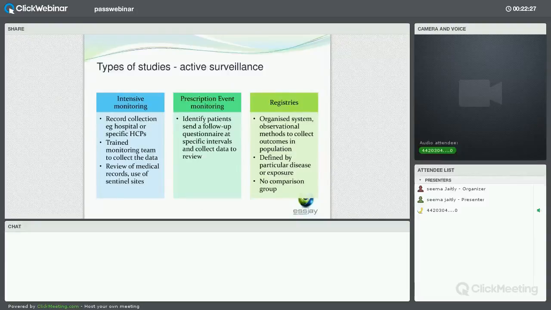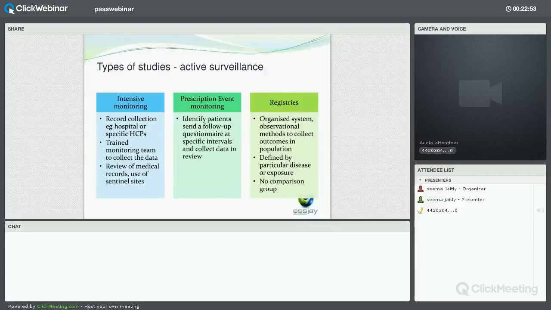Or it could even be things like automatic detection of certain lab values. Intensive monitoring is where you go into either hospitals or specific healthcare professionals and you collect further information through looking through data, review of medical records, or use of Sentinel sites. The only issue here is that it is quite resource intensive. You do need a trained monitoring team that will be able to go out and do that.